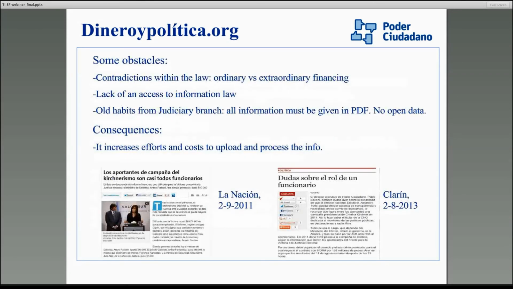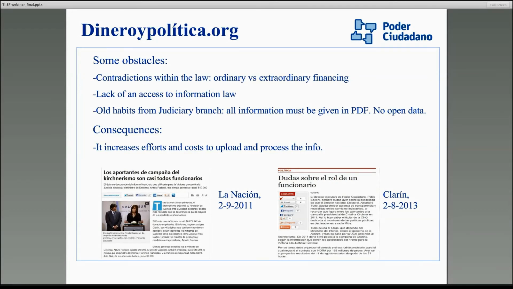I also wanted to highlight some obstacles we have while trying to work with this platform. We don't have an access to information law, so we could get access to more information if the judiciary branch was incorporated into a national law of information. There are some very old habits from the judiciary branch that we're trying to change.